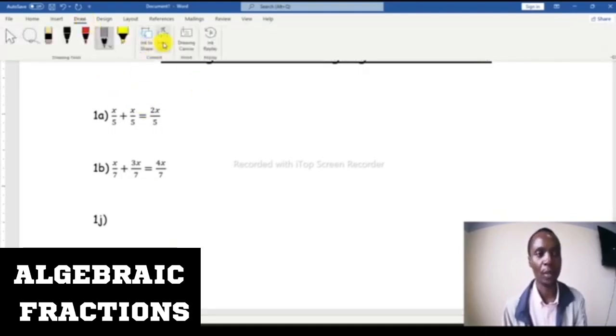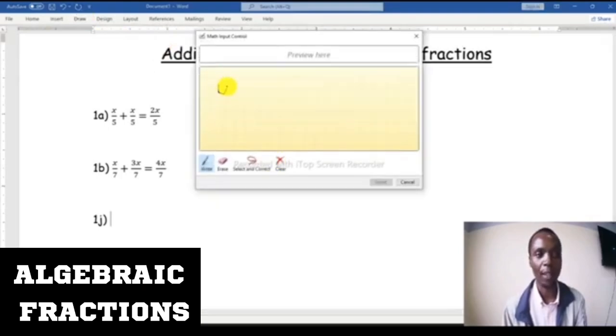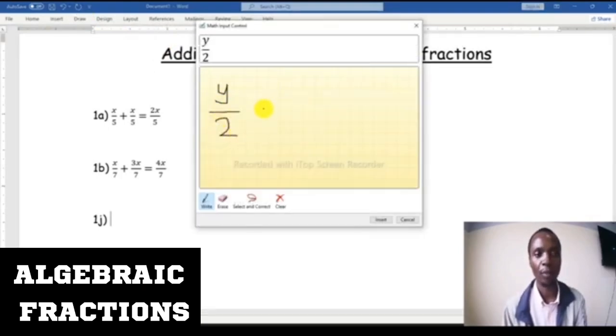Since 2 and 8 are different denominators, the first thing you need to do is find the common denominator.